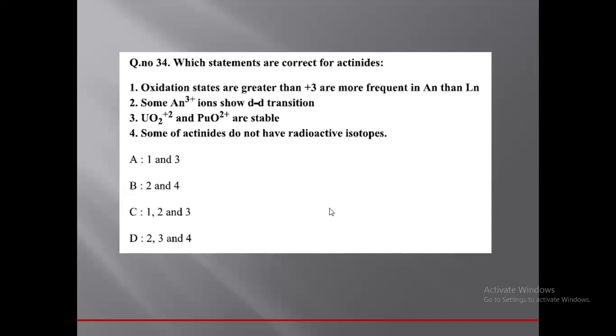Means that statement is also wrong. Come to the first: oxidation states greater than plus 3 are more frequent in actinides than lanthanides. So that statement is also correct. You can see your options, various options A, B, C, D. So option number A is correct because A contains the first and third statements.